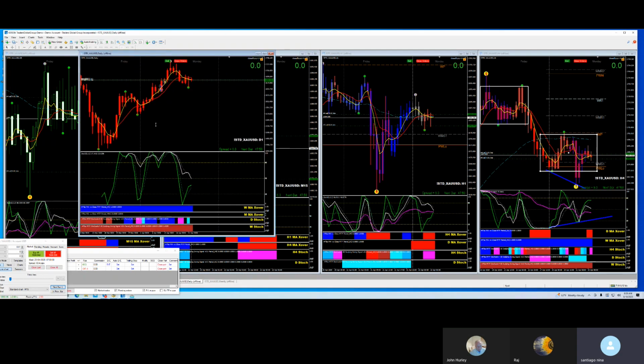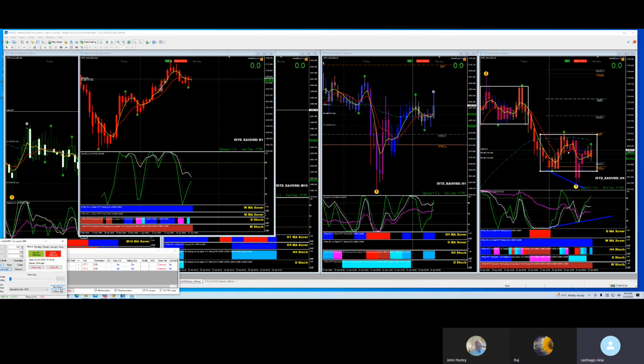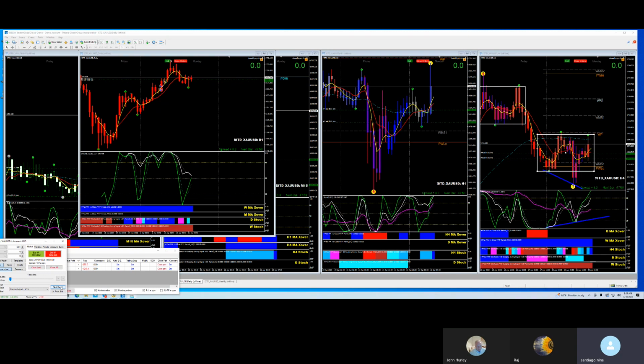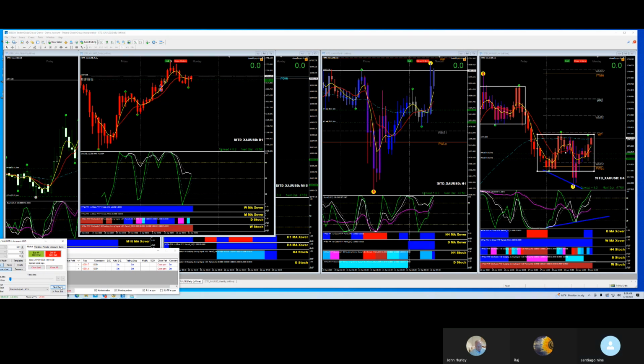So we're waiting for it to sync up anyway, just waiting for the 5 to turn down. You see, this is steady, strong going down, but this is coming up. And look what we have. That's why we have a sideways market. It's going to have to make up its mind. Are we going to go up or are we going to go down?